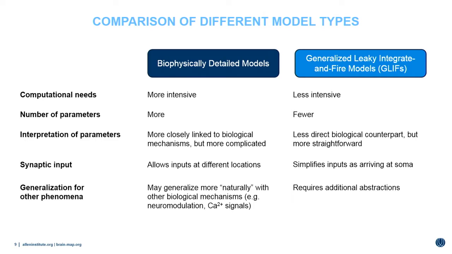However, glyph neurons are much less computationally intensive. And their scientific benefit is that because they're simple, any increase in model behavior directly corresponds to a very specific phenomenon that you've added to the model. So both of these types of models are used in the field extensively.